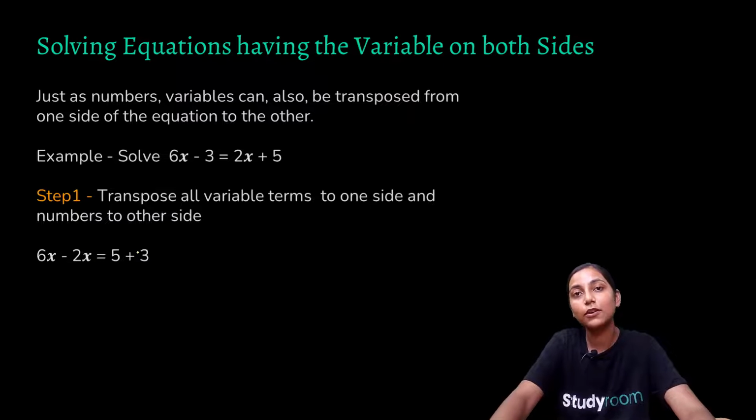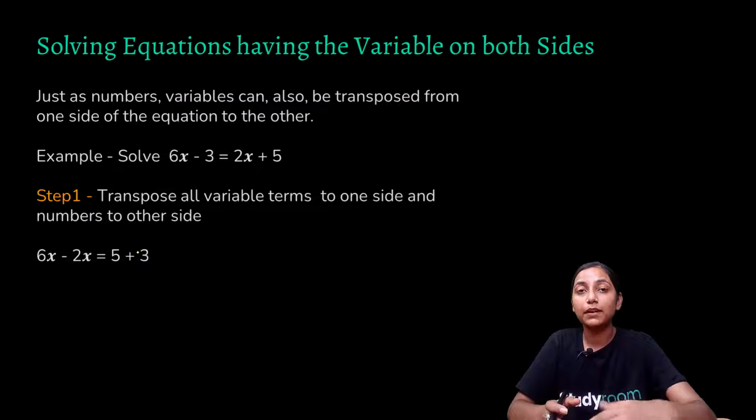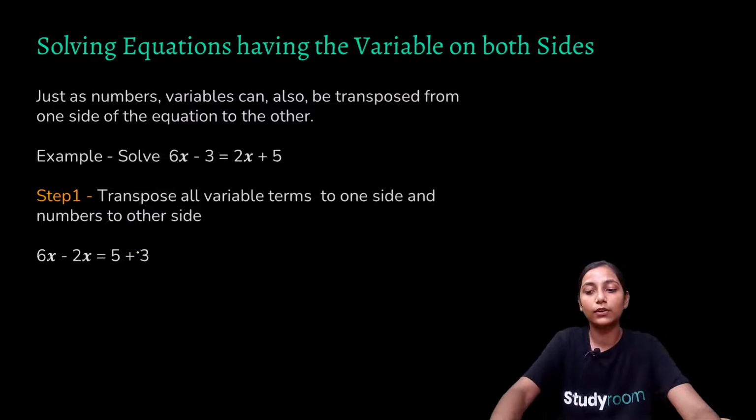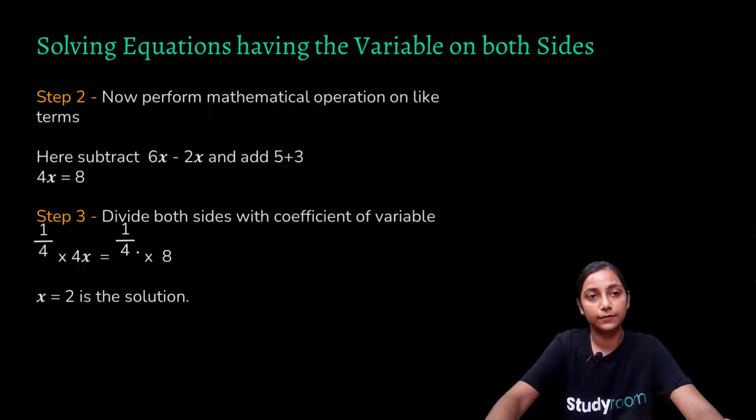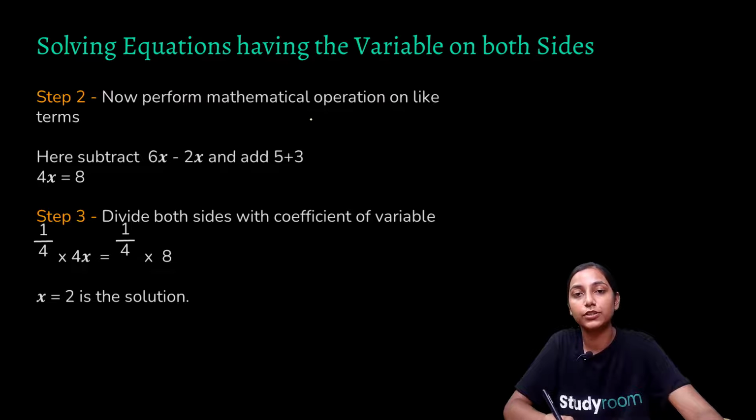So our first step in order to solve such equations is keeping all the variables to one side and all the constants to the other side. The next step involved is now to perform mathematical operation on like terms. Here subtract 6x and minus 2x and add 5 plus 3.